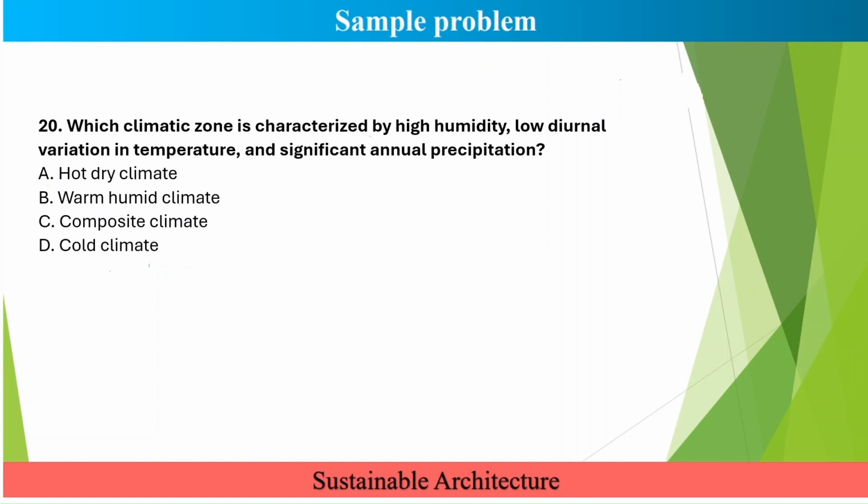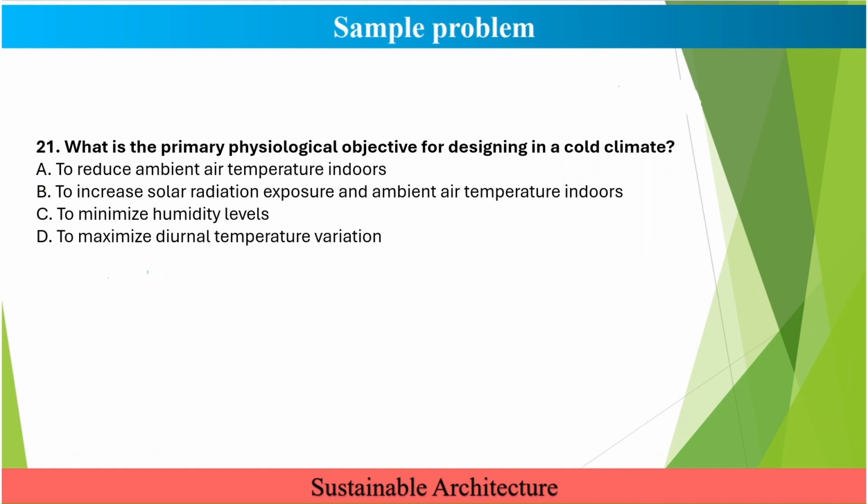Here is question number 21. What is the primary physiological objective of designing in a cold climate? To increase solar radiation exposure and ambient air temperature indoors.